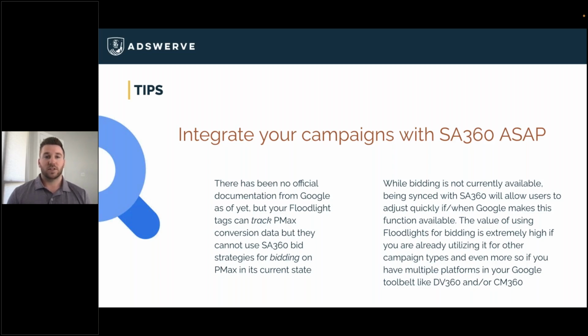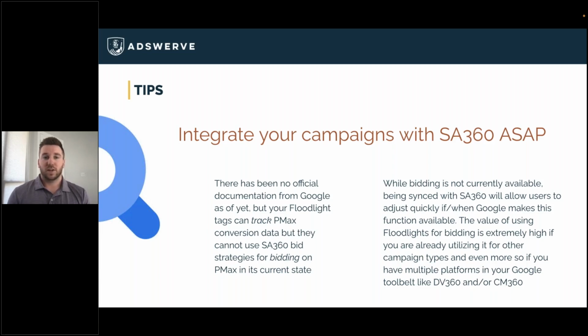So when you're just navigating and managing out of Google Ads, you don't get any of the floodlight benefits that come from using SA360. And then as we also touched on, potentially in the future, there may be the opportunity for you to start bidding towards floodlight signals, which again, you can't do within the Google Ads platform by itself.